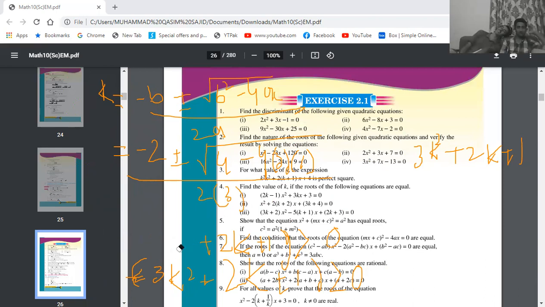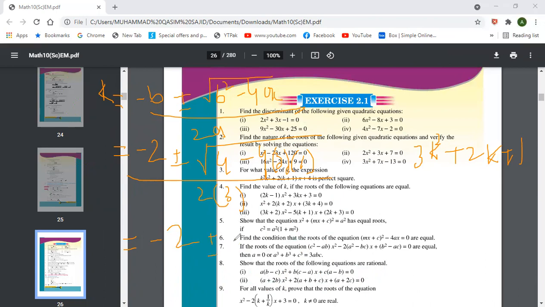Now multiply out the equation. It must be minus 2 plus minus under root 4. When I take the negative sign, this value must be negative and this value must also be negative. So my equation is 3k square minus 2k minus 1.